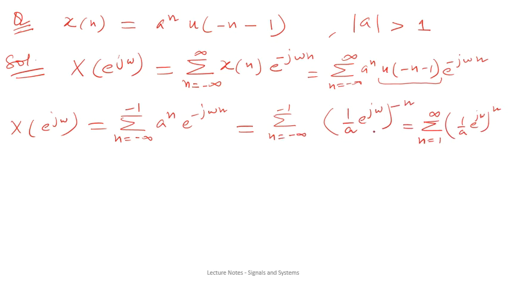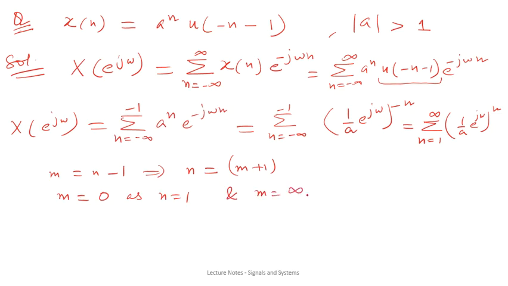Now here a change of variable can be performed by just assuming that m equals n minus 1, which will give you n equals m plus 1. You can see here that m equals 0 as n equals 1, and m equals infinity as n equals infinity.